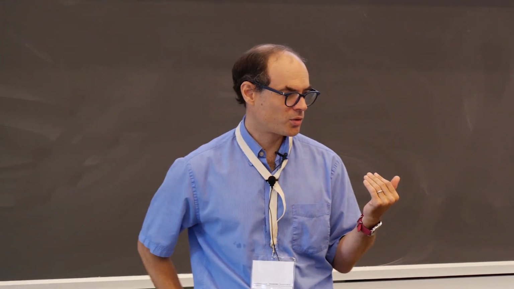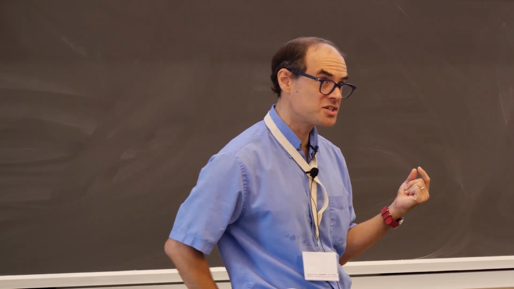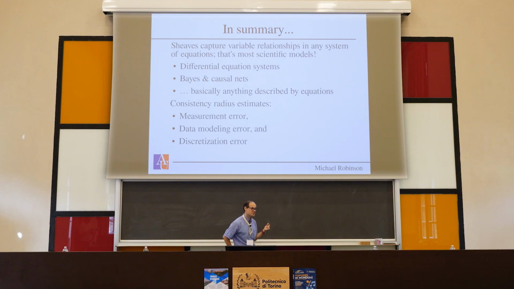Once we've done that, we can start to quantify measurement error. How big is the consistency radius? We can optimize consistency radius to solve certain kinds of problems that look like either forward problems, inverse problems, or anything in between. And from an applied mathematics standpoint, that's really super valuable.